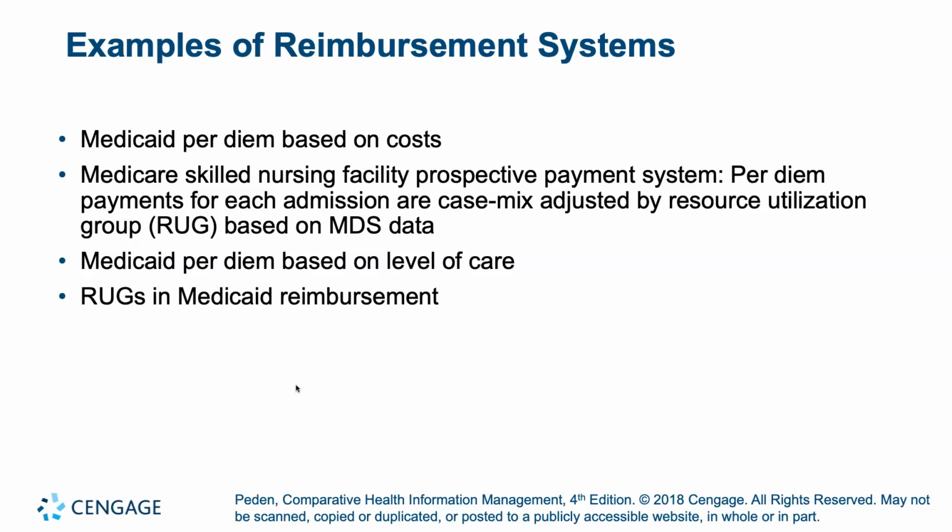So notice that Medicaid is always per diem. It can be based on cost, based on level of care, and they utilize the RUGs to determine that. Medicare, on the other hand, has a prospective payment system. They are per diem as well for each admission, but those also are case mix adjusted by RUGs based on the MDS data.